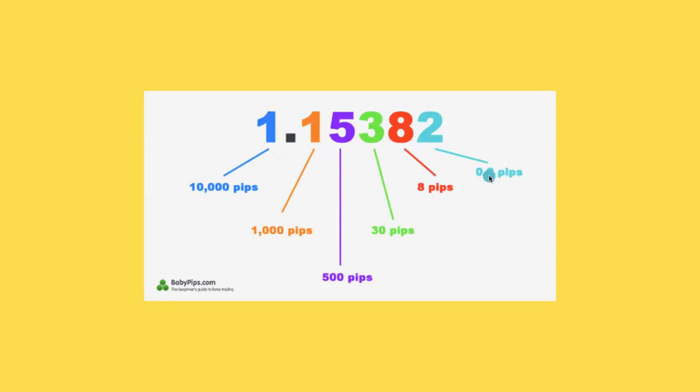So 0.2, you can also think of this as 2 if you move the decimal point over 2 spots and put a 0 here, that can also be thought of as 20%. I say that because that 0.2 is pretty much 20% of 1 pip. So it's not even a full pip. It's only 20% of a pip. If that was 0.5, that would be 50% of a pip.